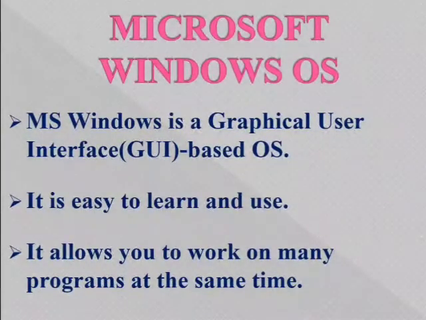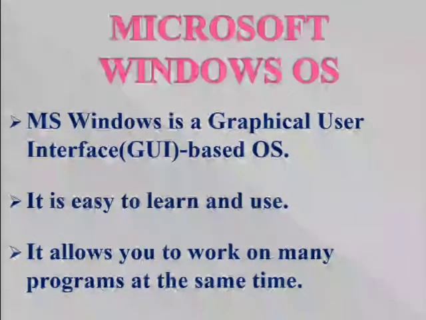We do not have to remember text-based commands to operate the computer. It has small pictures called icons. You can carry out tasks on a computer by clicking, pointing or dragging the icons. It is easy to learn and use.